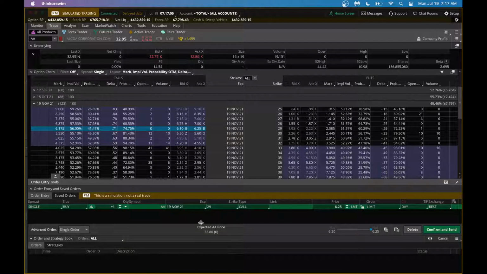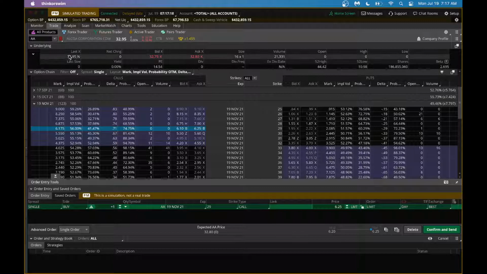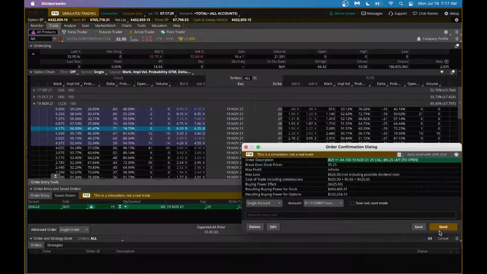You could pay $6.25 and buy one contract, as you can see here, for Alcoa for 19th November 2021 expiration date. The strike price is 29, as you can see here, which is below the current stock price. If you confirm and send this, you're buying this call option here, strike price 29, you're paying $6.25.